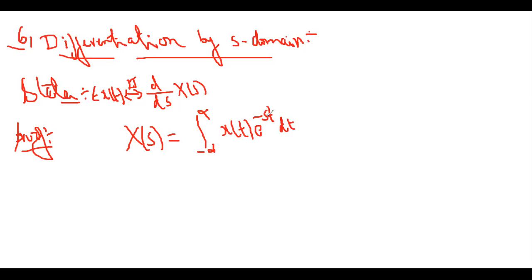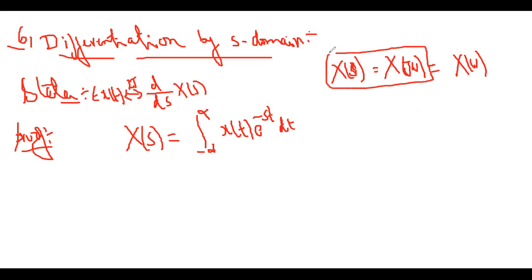X of j omega is the shortcut notation for X of omega, and that is also X of s. Simple. Wherever j omega is there, you can substitute s, and it becomes the Laplace transformation.